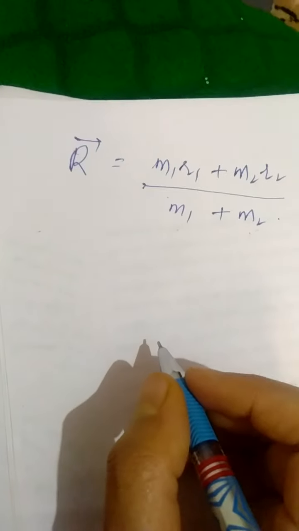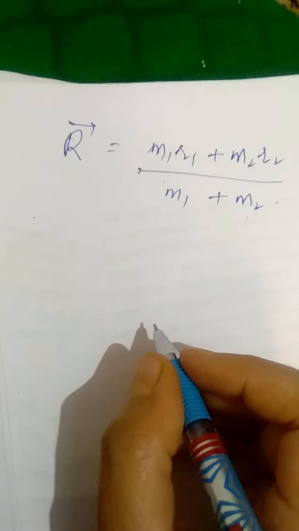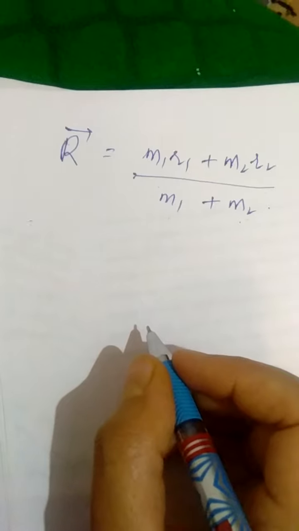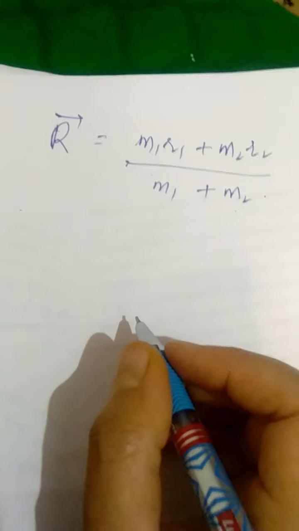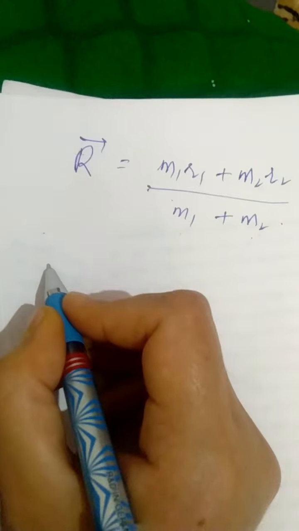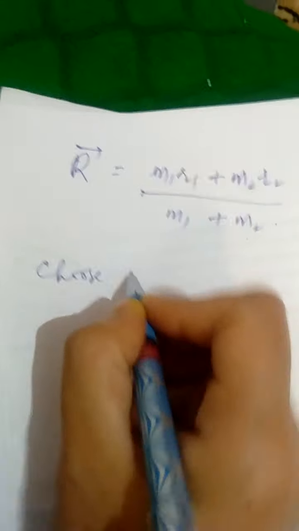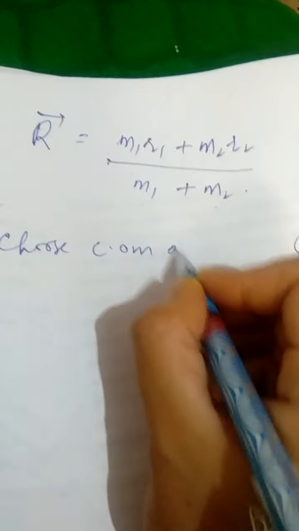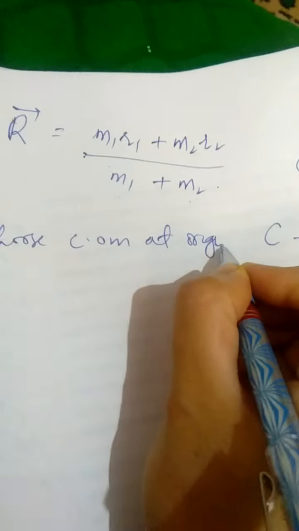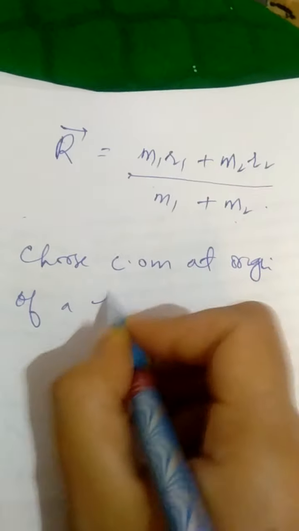I am free to make such a choice. It is the choice of the observer, the choice of the analyst, wherever they want to place the frame of reference and the origin. So I can choose the center of mass at the origin of a frame of reference.